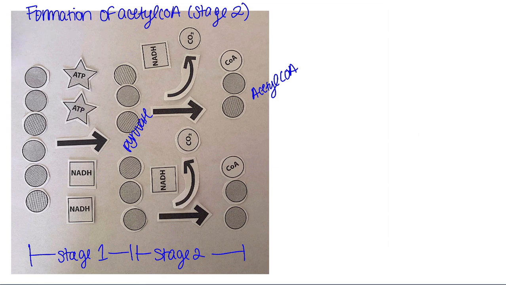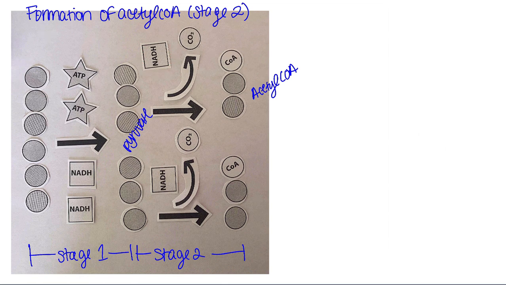Anyone remember what the enzyme is called that does this? Hopefully, you were able to guess that that enzyme is called pyruvate dehydrogenase. When that enzyme is taking pyruvate and converting it to acetyl-CoA, during that process, one of the carbons from pyruvate leaves as CO2, and we also reduce an NAD+ to NADH.